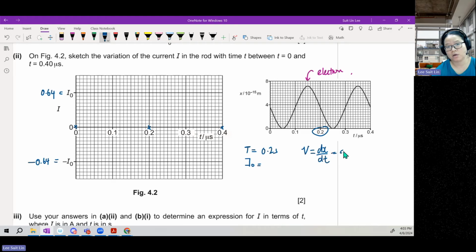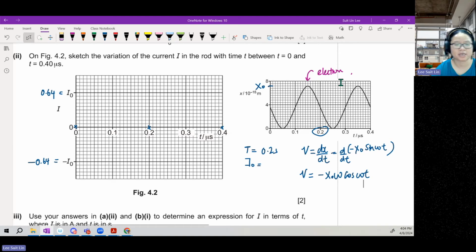I'm going to measure from the equilibrium position now, just to make my life a bit easier. So let's say this is x naught. So d/dt of negative x naught sin omega t. This means the speed of my electron will be negative x naught omega cos omega t.